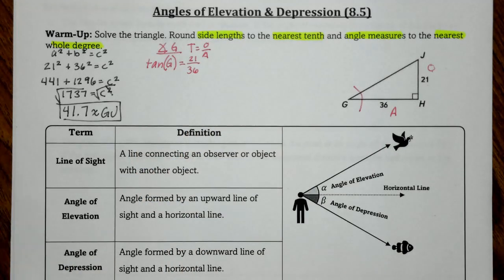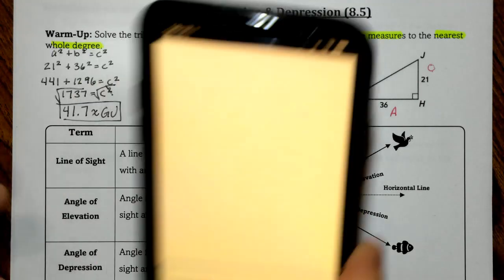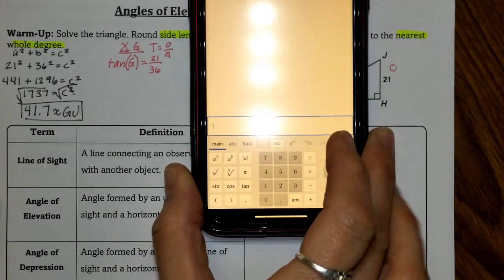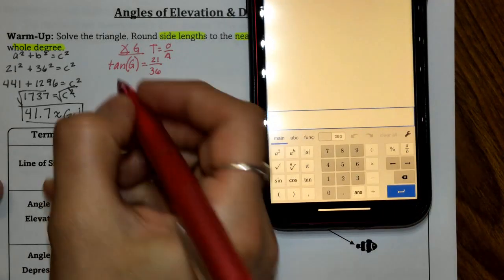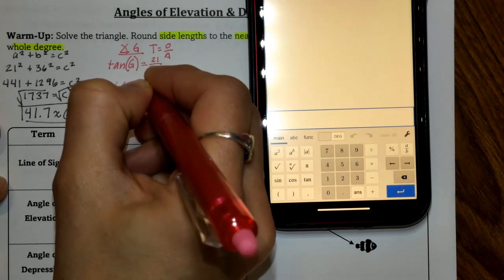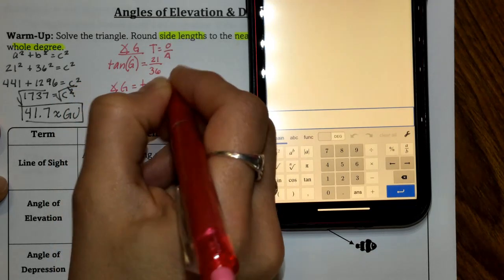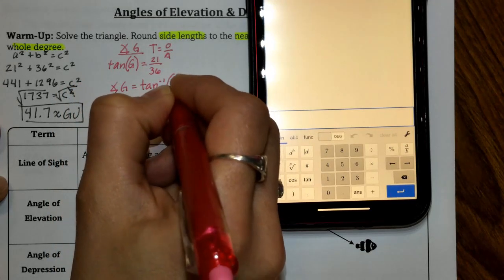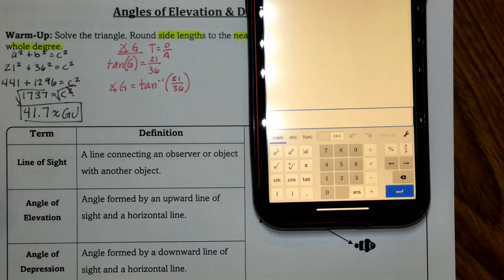So on the Desmos scientific calculator, in case there are people watching this that don't have the calculators we have in our classroom, because we're looking for an angle, we're going to have to do the inverse tangent of 21 over 36.